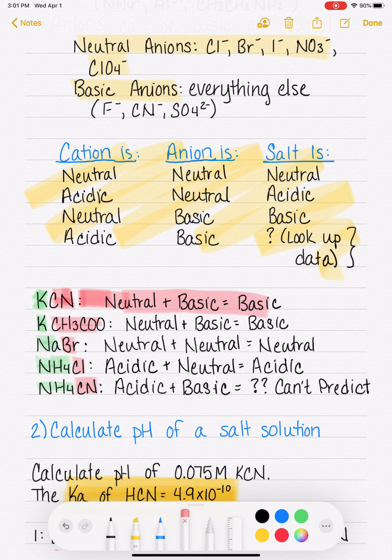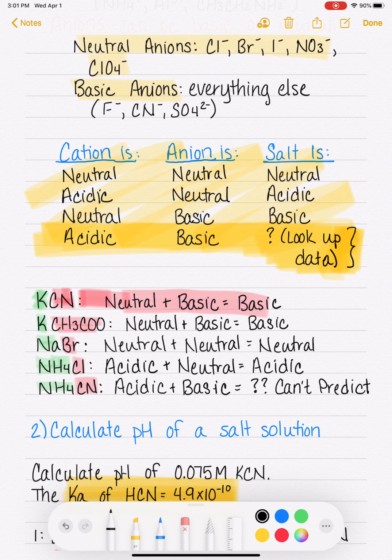The only thing I didn't explain in that first video is what we would do if the cation was acidic and the anion was basic. What's going to happen in that situation? I told you we can't just predict that. We have to look data up for that.